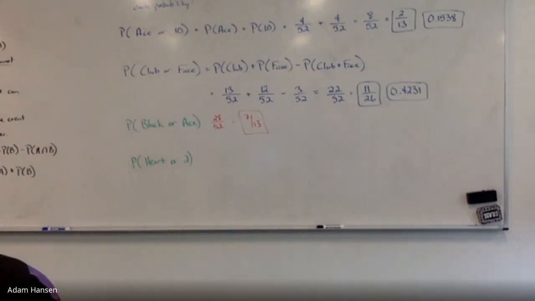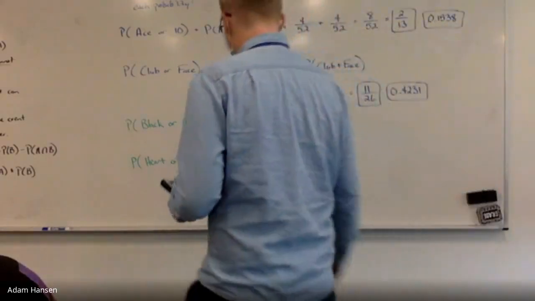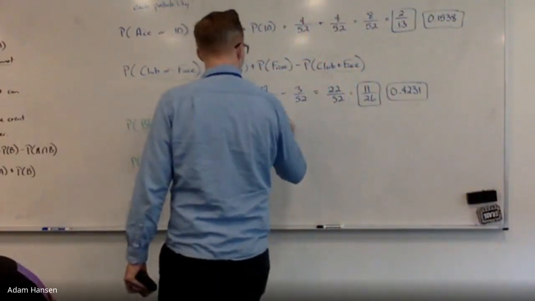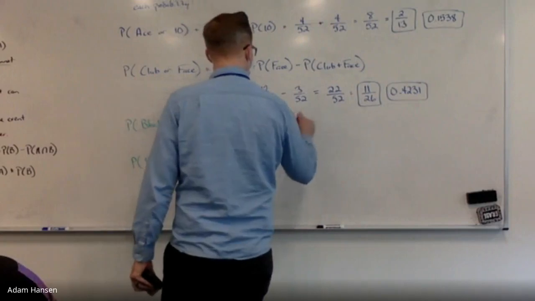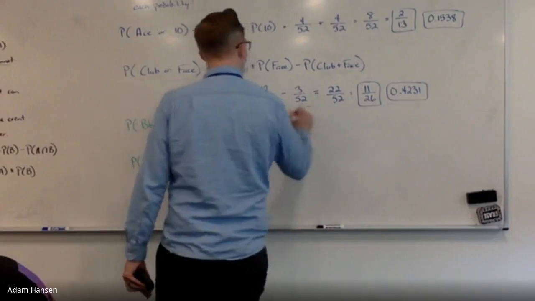Here's all the black cards. Here's all the aces. So there's 13 plus 13 plus 2, 28 in total. 7 out of 13 is 53.85%. I just thought there was 8 before.